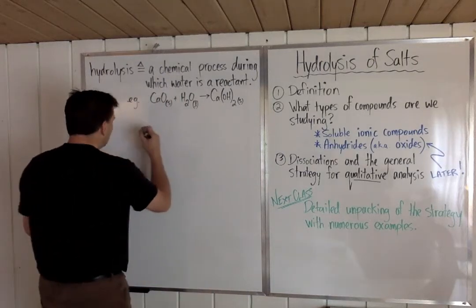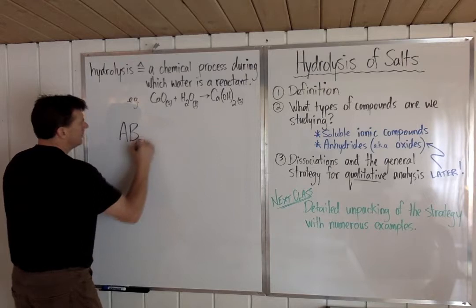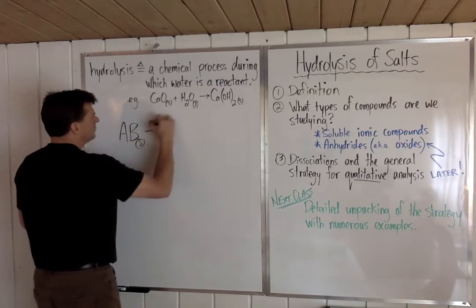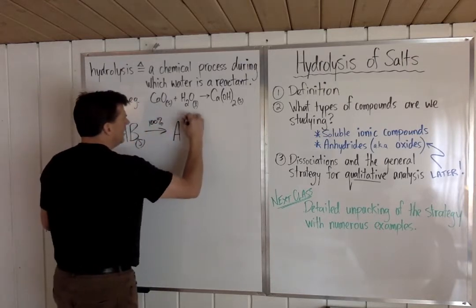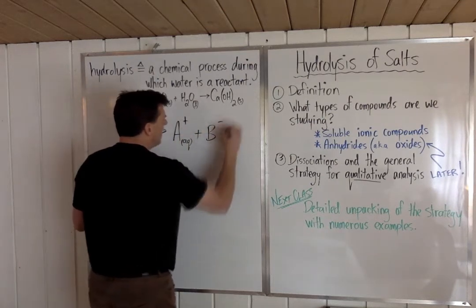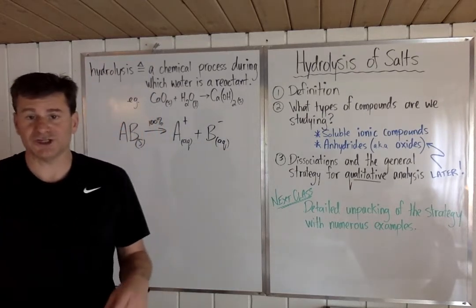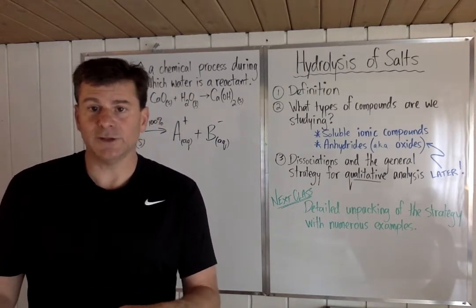So if I had the compound AB dissociating in water 100% to form A plus ions and B minus ions, I then ask the question, does A plus do anything in water?